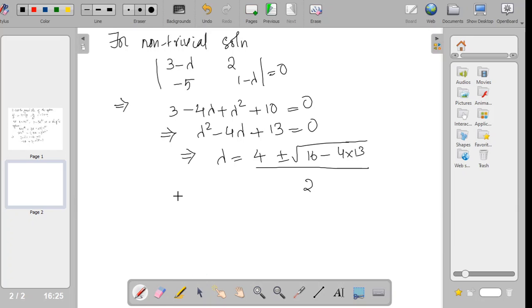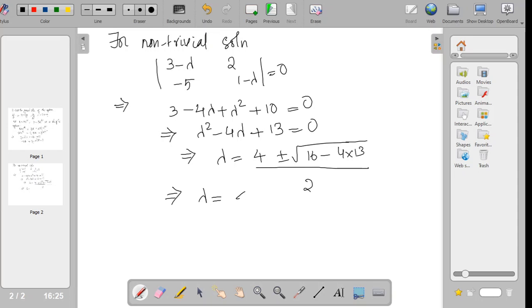So here you will get minus 36 under the root, 16 minus 52, so root of minus 36.